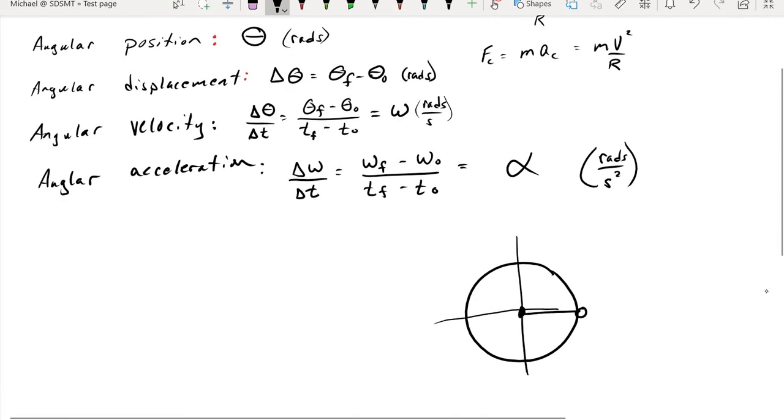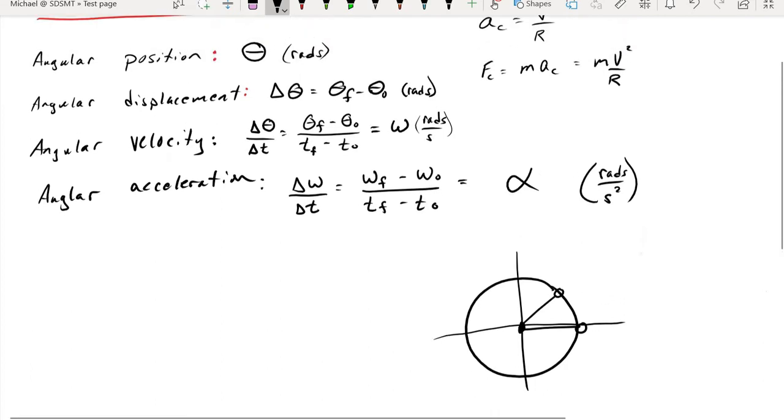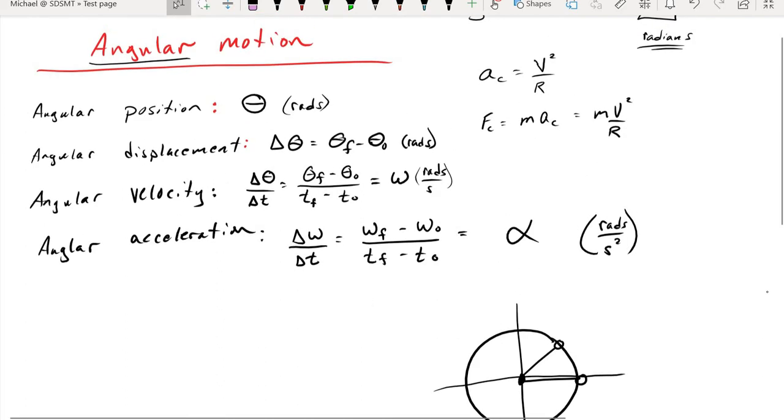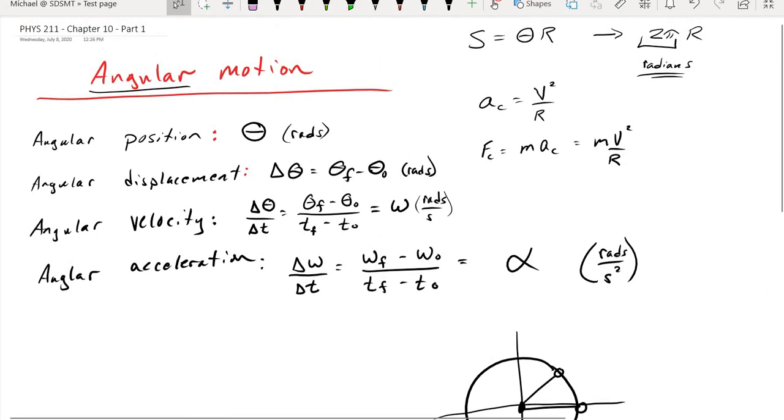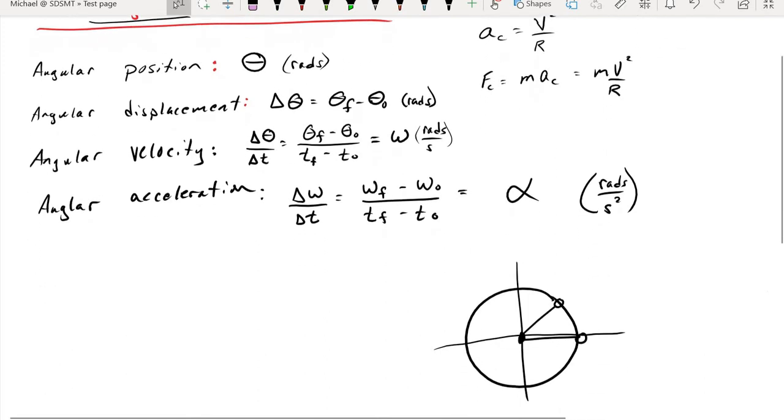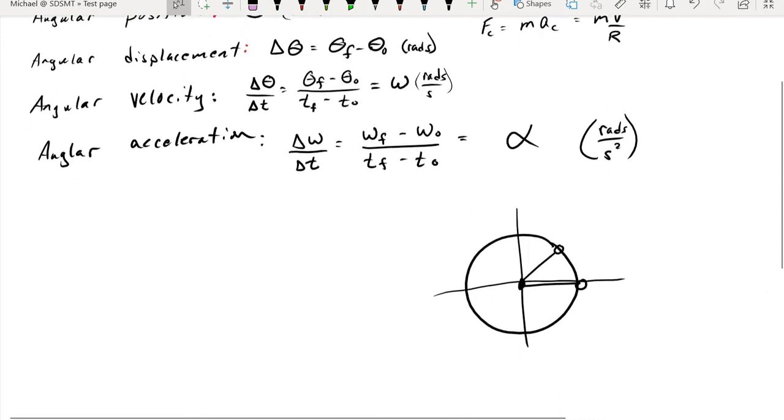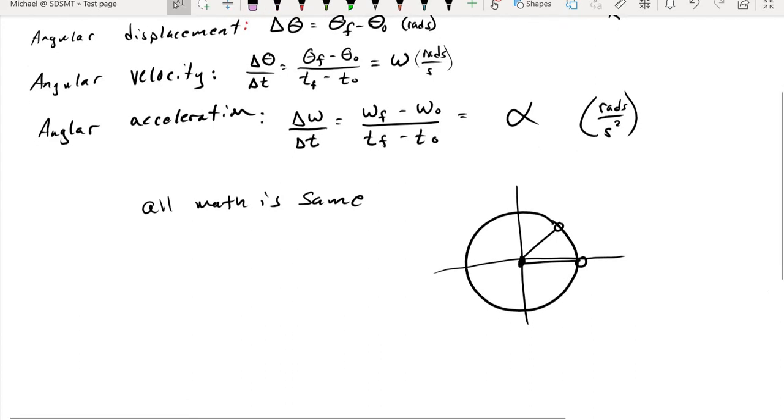And our displacement is determined by changing that position. Velocity is measured as a change in position with respect to time. Acceleration is still a change in velocity with respect to time. We just have different letters that are representing these angular equivalents, as I like to call them. So all the definitions are the same, all the math is the same.